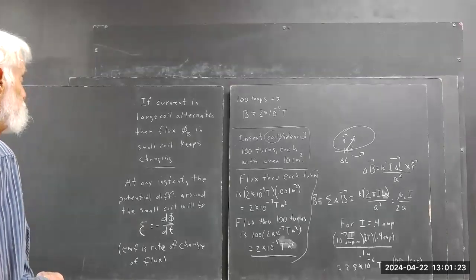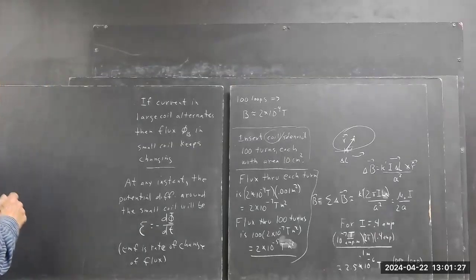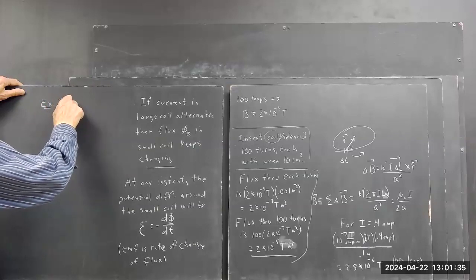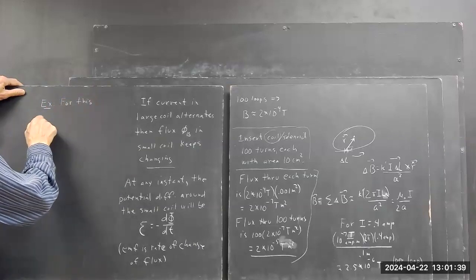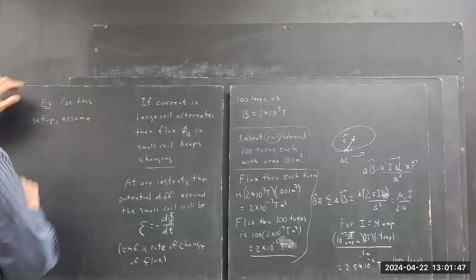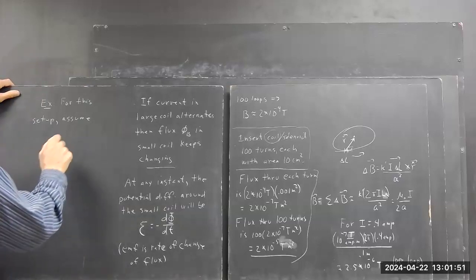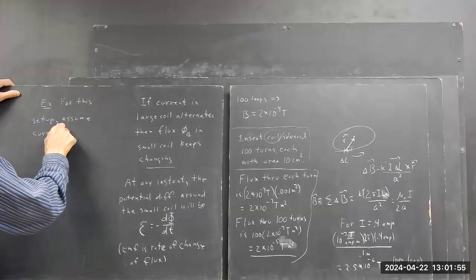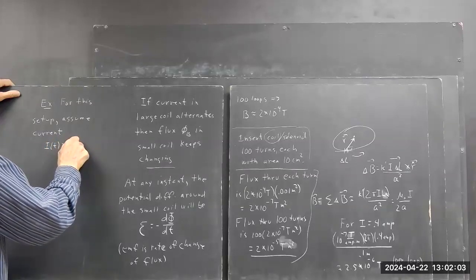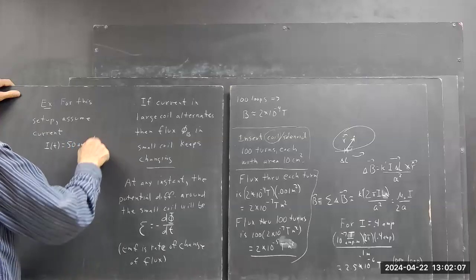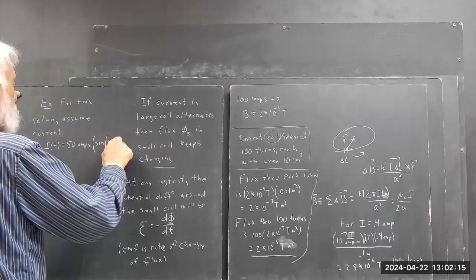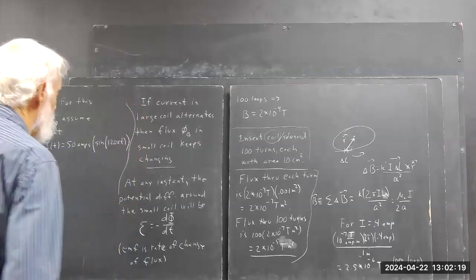Now, let's just say, for example, this setup, assume the current is I of t equals 50 amps times sine of 120 pi t.